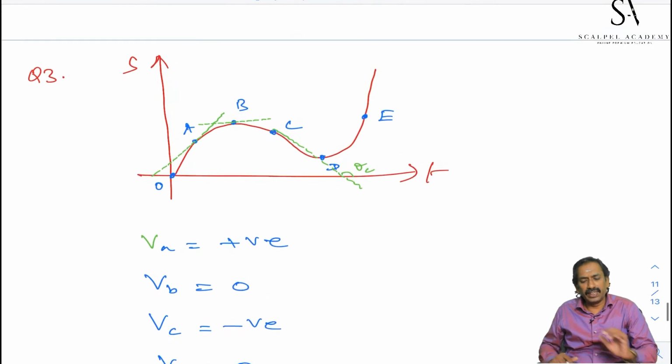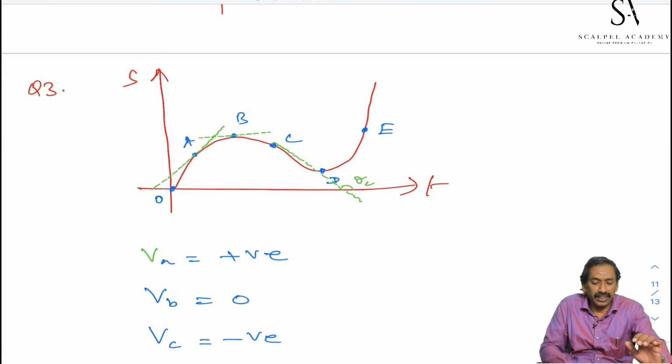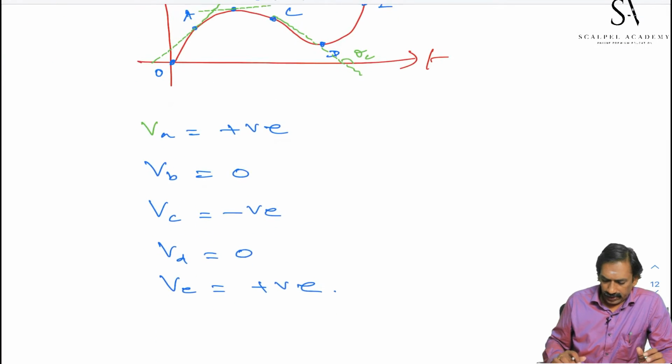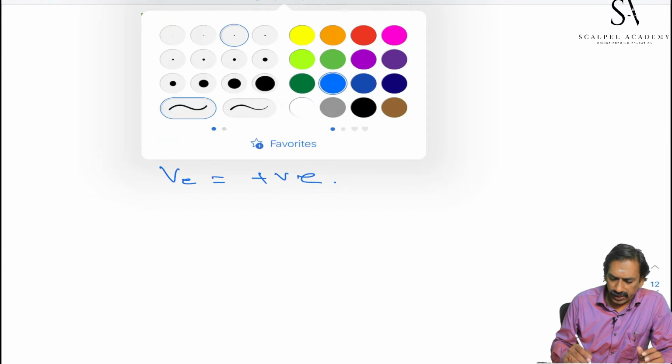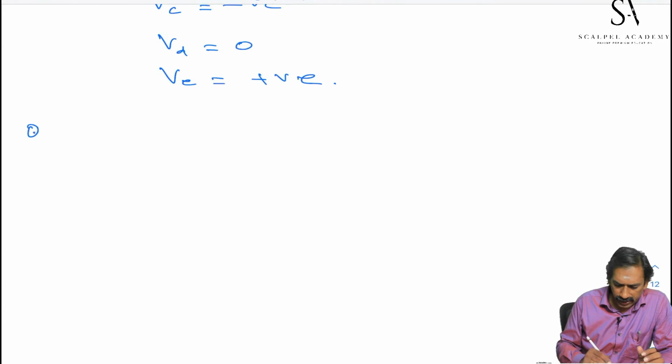So, from this graph we have identified the positive, negative and 0 velocity regions. Okay, student, we pass on to the next VT graph. Question number 4.